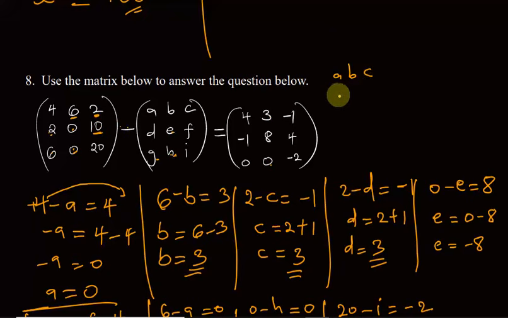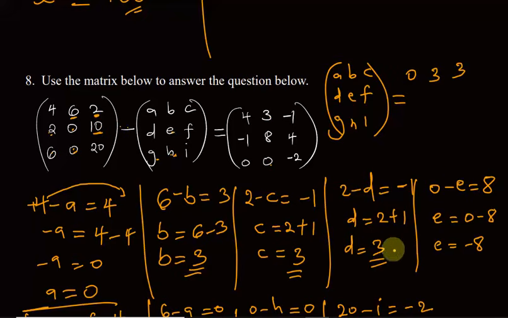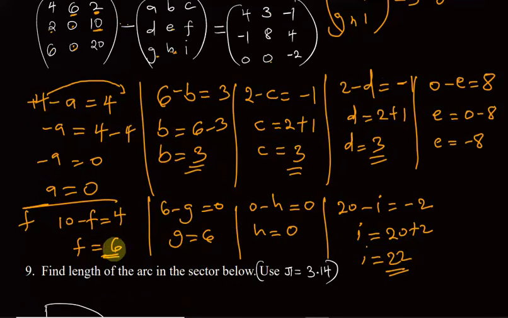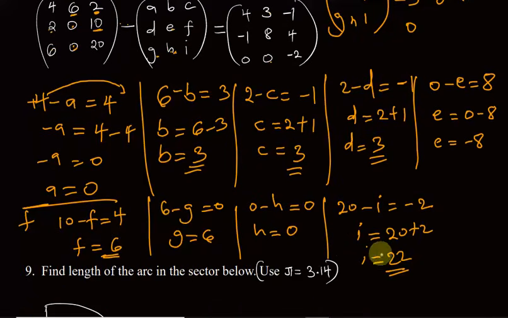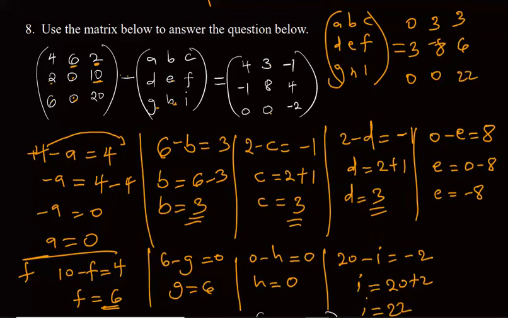A, b, c, d, e, f, g, h, i will be: a we had as 0, b is 3, c is 3 also, d is 3, e is negative 8, f is 6, g is 6, then h is 0, then lastly i is 22, that way.